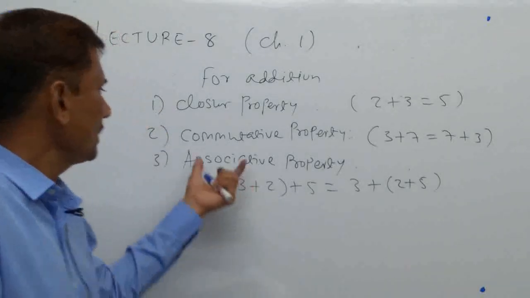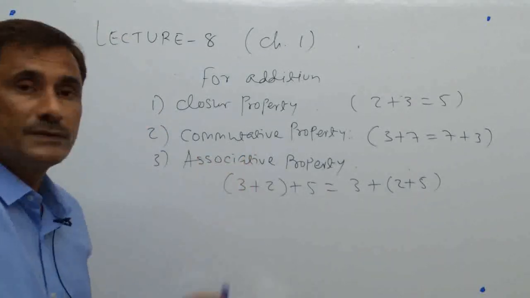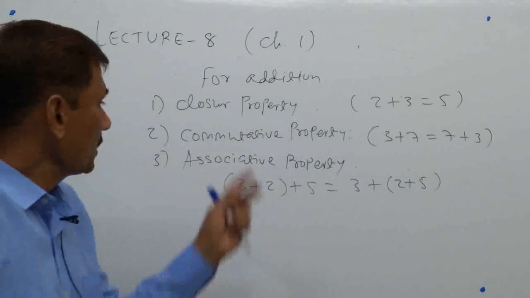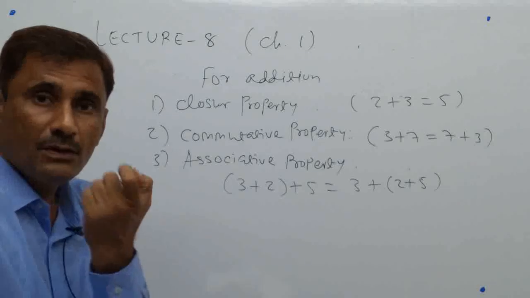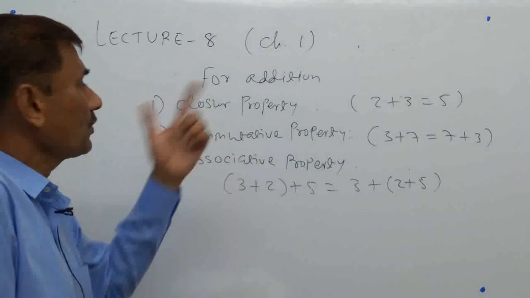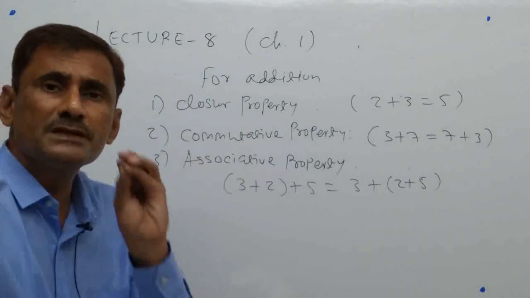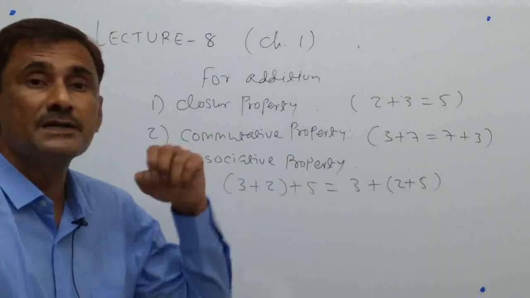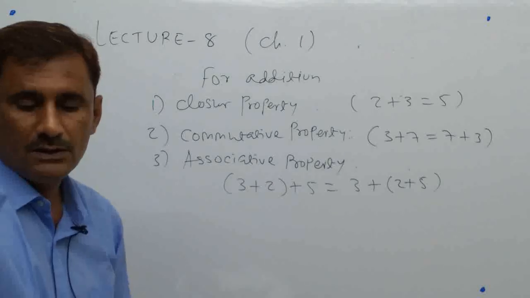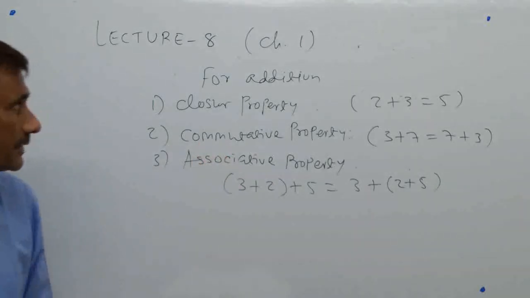Okay, so this is called associative property. Associative means making groups. Commutative means changing order, place. And closure property means the answer should be in the same set. Here we are adding rational numbers, so the answer should be a rational number. Okay, so these are three properties of addition.